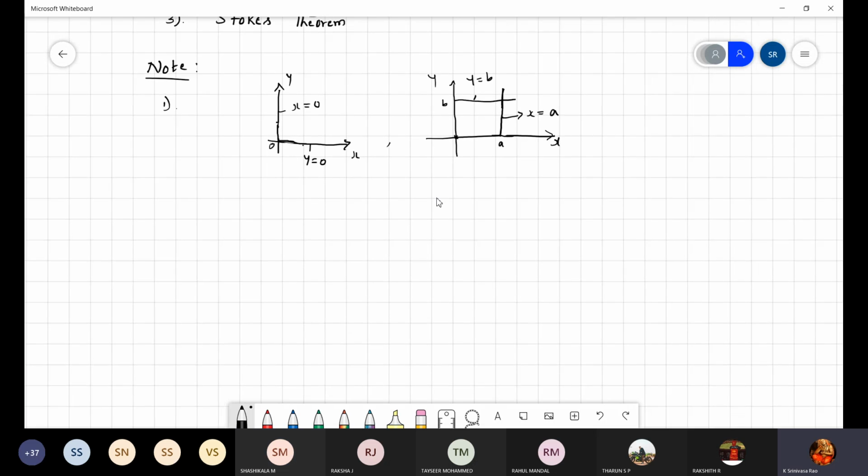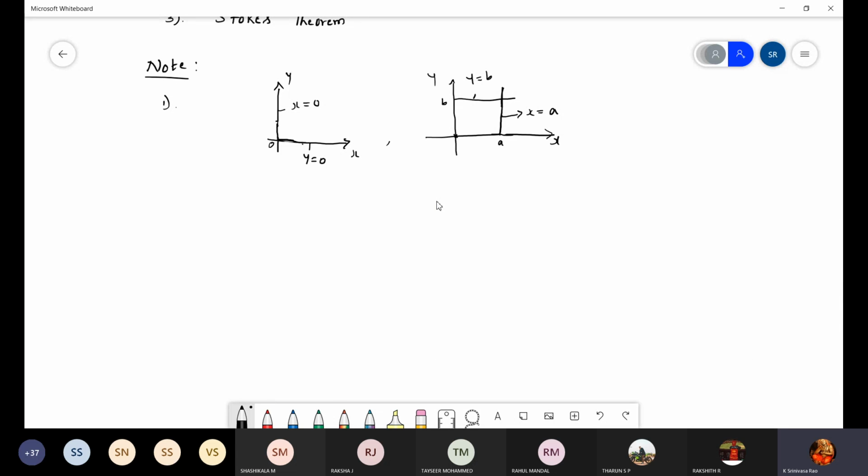Okay. Now, second one. This is only the standard material required to solve these problems on the theorems. I will give it to you as a note. Now, y equals x. What does this curve y is equal to x give? Is it a straight line, circle, parabola, like that? A line passing through the origin.